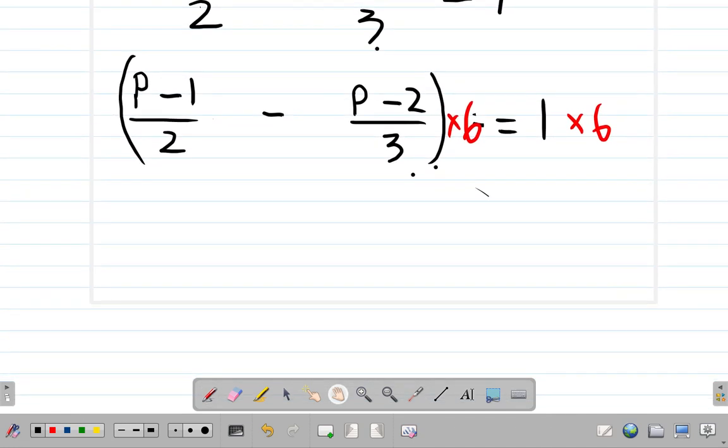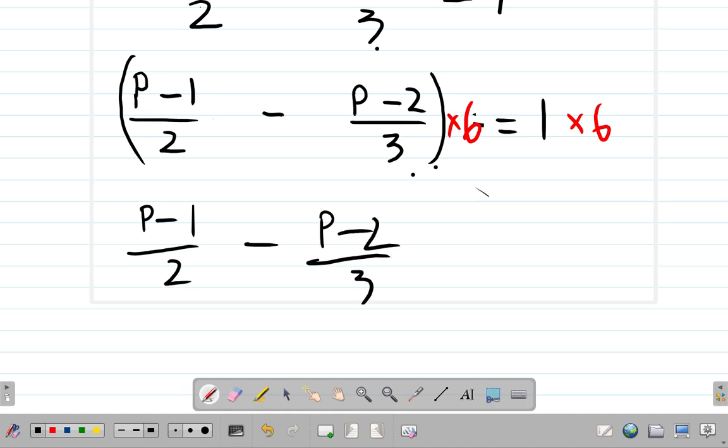Now, if you should expand the bracket and have P minus 1 over 2 minus P minus 2 over 3, 6 would multiply by each item here. So what you'd have is this times 6 and this times 6, like I said at the first part of the video, equals 1 times 6.